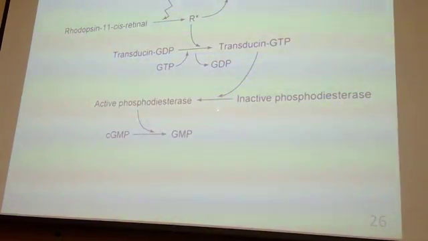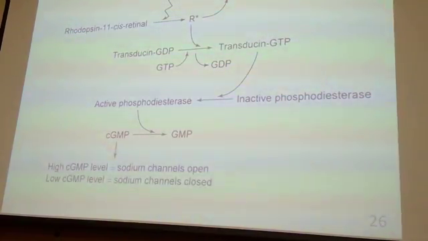Okay? So the active phosphodiesterase cleaves a bond, converting cyclic GMP to GMP. And this is important because cyclic GMP regulates sodium channels in that rod. In the presence of high cGMP, those sodium channels are open.